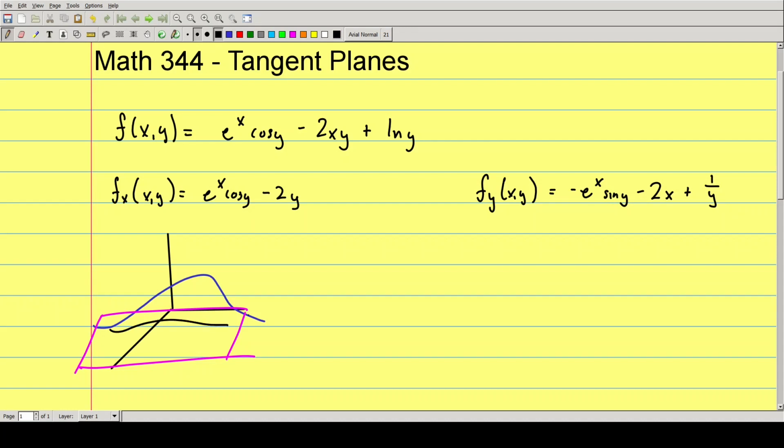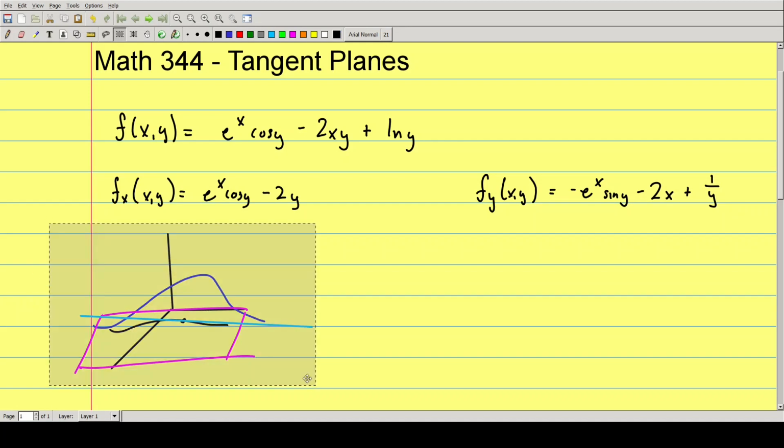And then if I'm interested in what's going on at a particular point, then I can think about the tangent line there.